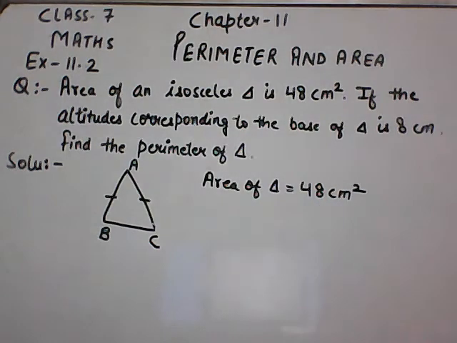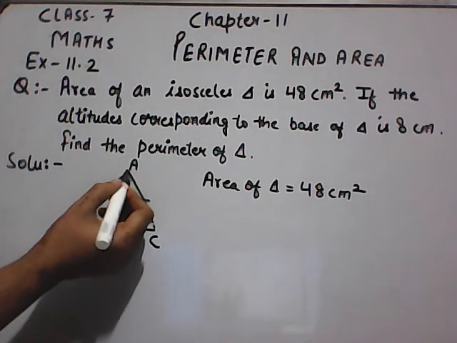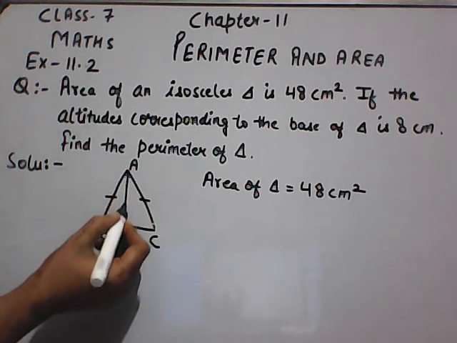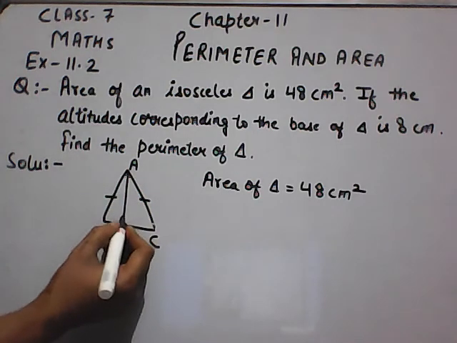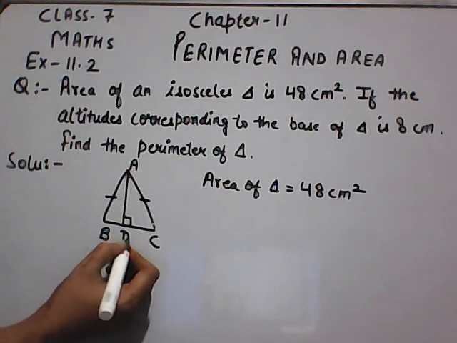If the altitude corresponding to the base of the triangle is 8 centimeter. Now altitude means from vertex A, it makes a 90-degree angle to the base BC and it divides BC into two equal parts.